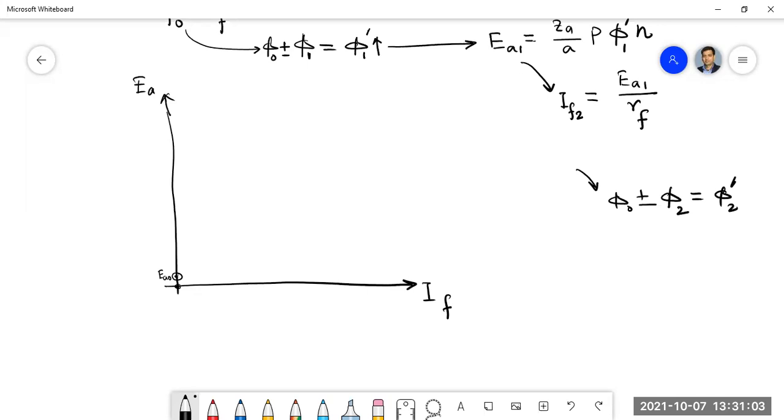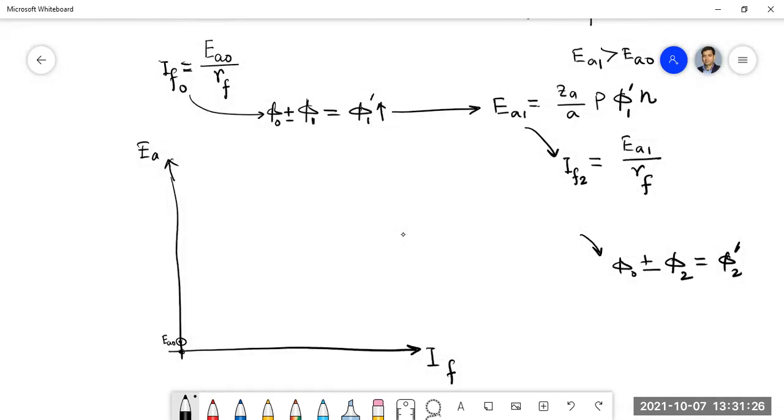The first generated voltage or induced voltage EA0, how is it generating some field current? By providing voltage. What is the relation? I want the expression for EA0. So how does EA0 create the field current?